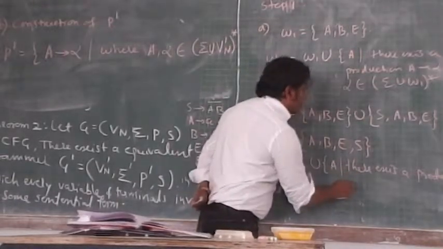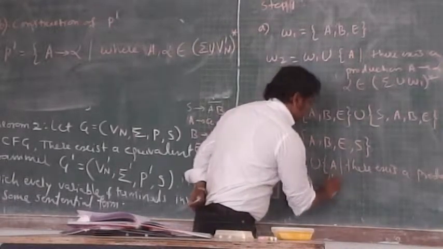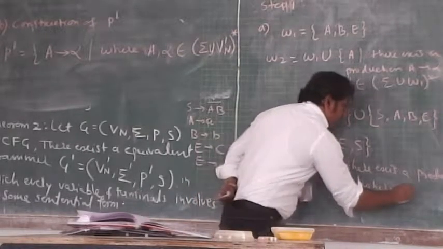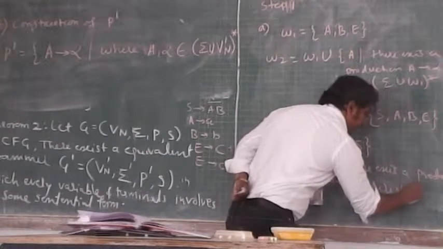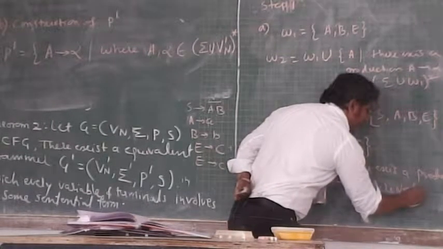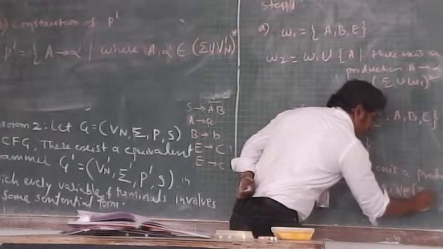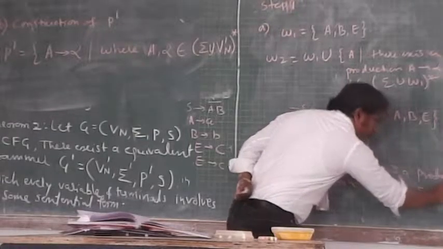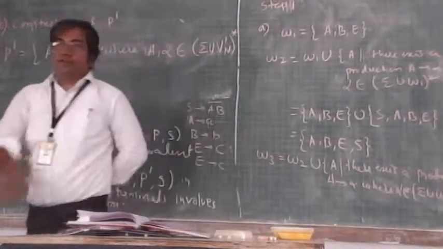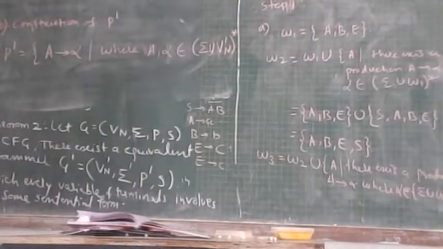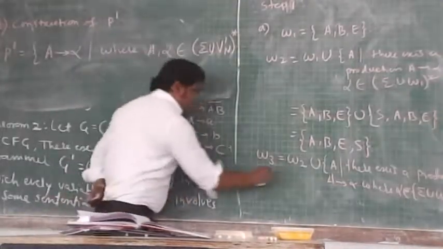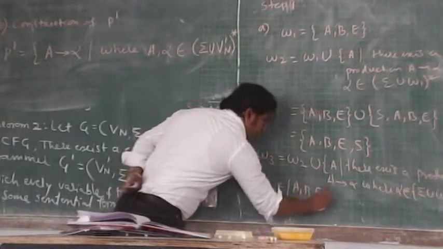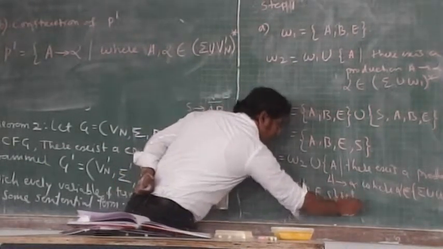There exists a production A implies alpha, where alpha belongs to (Sigma union W2) whole star. Here W2 comes, not W1. So W2 is A, B, E, S.